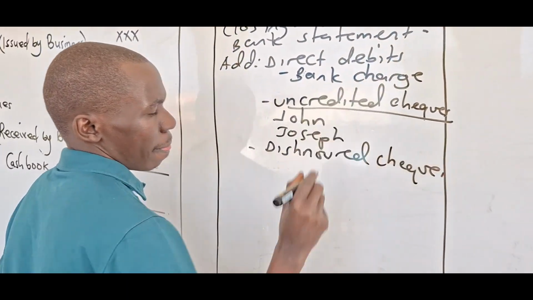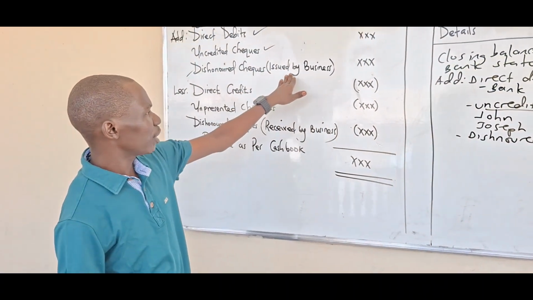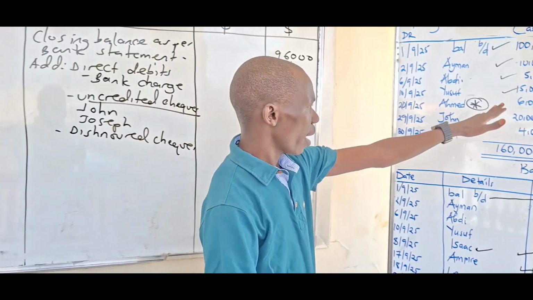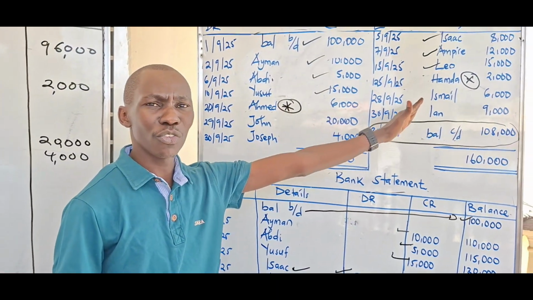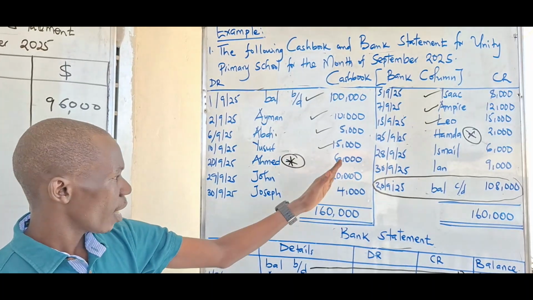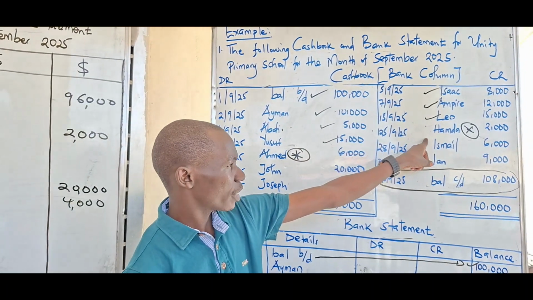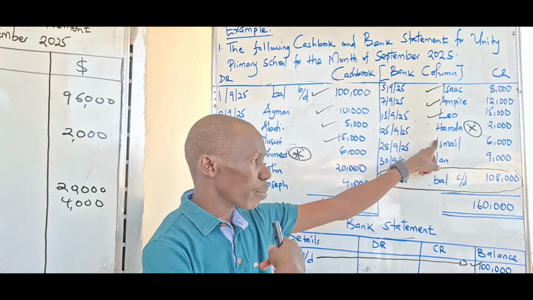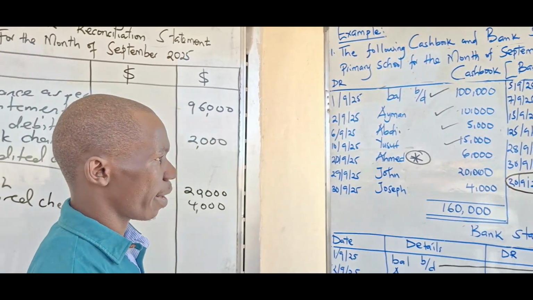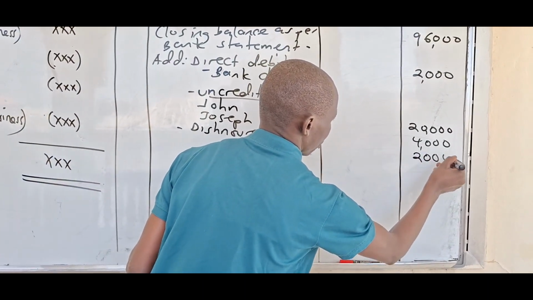Now, which check was dishonored? This one, the one which is issued by the business. The one which is issued by the business appears on the credit side of the cash book. The one which is received by the business, I'm talking about the check, appears on the debit side. So which one is appearing on the credit side? That is Hamda. We gave Hamda this check and the bank refused to pay this check. So we bring it back. So we shall add here 2,000.